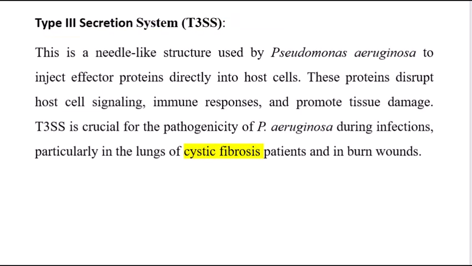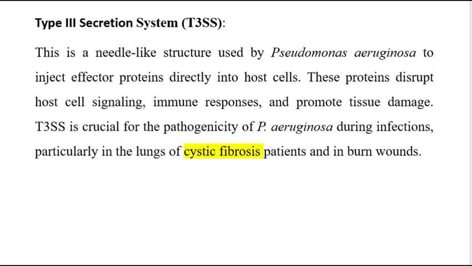The type 3 secretion system in Pseudomonas aeruginosa, as we said before, injects toxins into the human cells. It's a needle-like structure used by the bacteria to inject harmful toxins. Once inside the host cells, they disrupt cell signaling, so the cell cannot function normally.